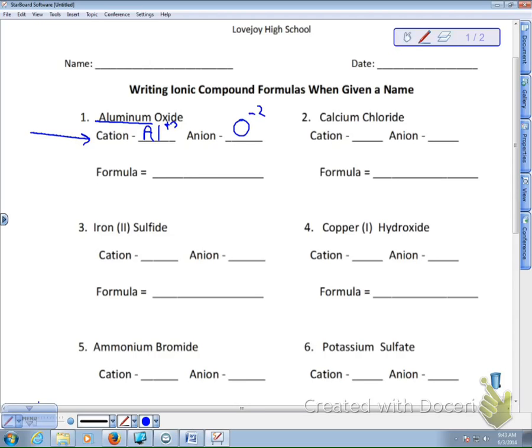Looking at 3 and 2, the least common multiple is going to be 6. So now I think to myself, how many 3's does it take to get to 6? Well, it takes 2 of them. And then for the oxygen, if it is -2, how many 2's does it take to get to 6? It takes 3 of them.